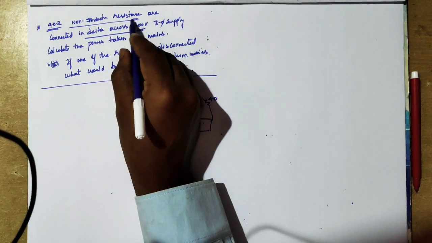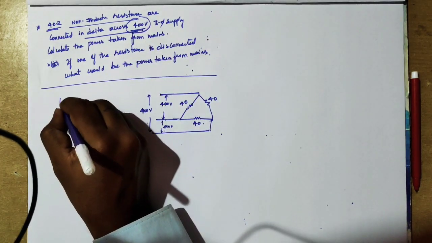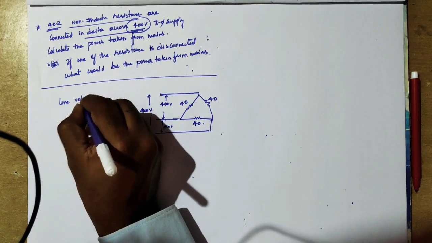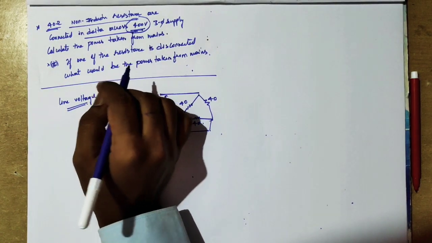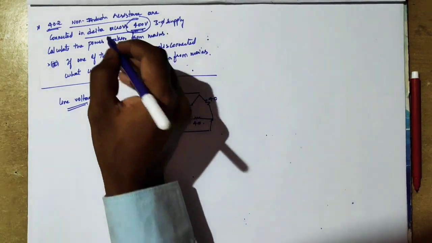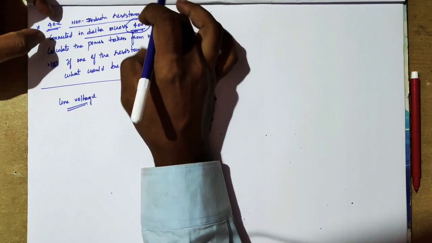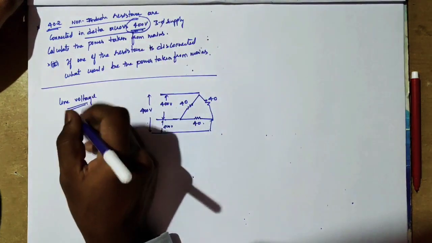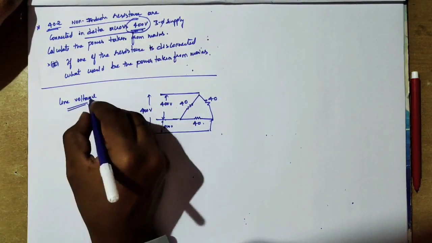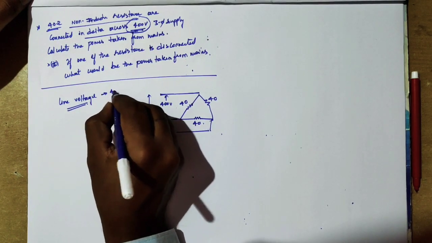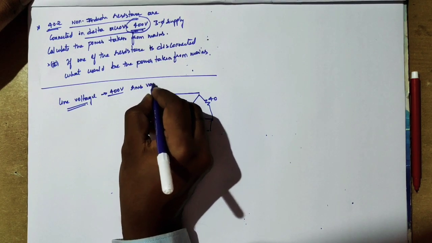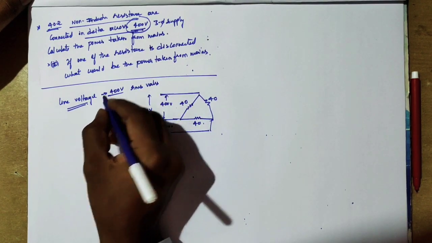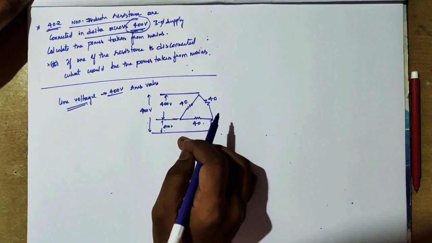Always consider 400 volts to be the line voltage. In whatever problems you encounter, if 400 volts occurs, it is the line voltage, 400 volts RMS value.